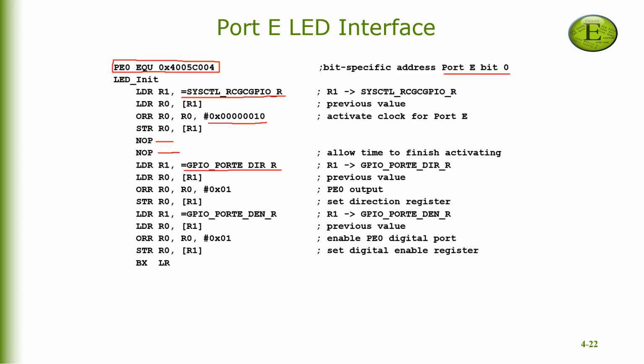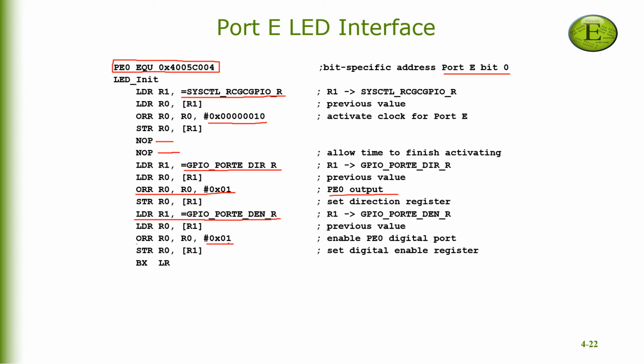In this case, we want to make port E bit 0 the output. So we take the OR of the register R0, containing the data of the direction register, with hex 01. Once set as an output port, the final step is to load the port E digital enable register bits in a way that the 0th pin of port E becomes a digital pin.